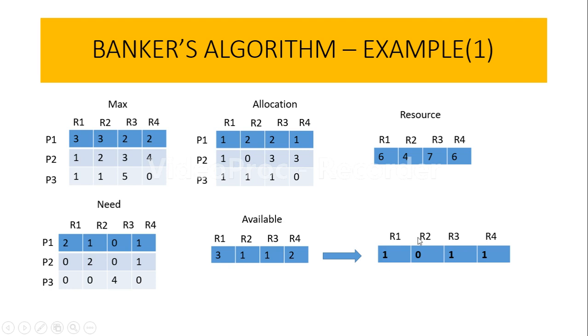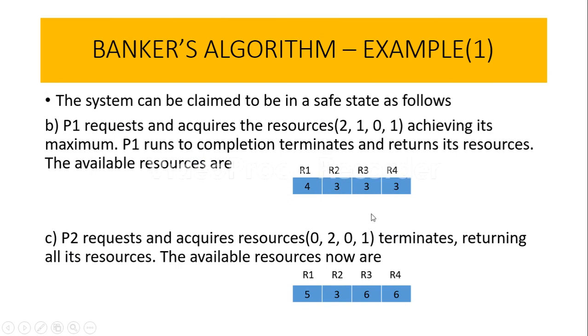After allocation, this was the availability, and when P1 releases all its resources, which it held at maximum: 3 plus 1 it will be 4, 3 plus 0 it will be 3, 2 plus 1 it will be 3, and R4 is 2, 2 plus 1 will be 3. So totally 4, 3, 3 and 3. Here I have written that. I hope you understood how I did that.